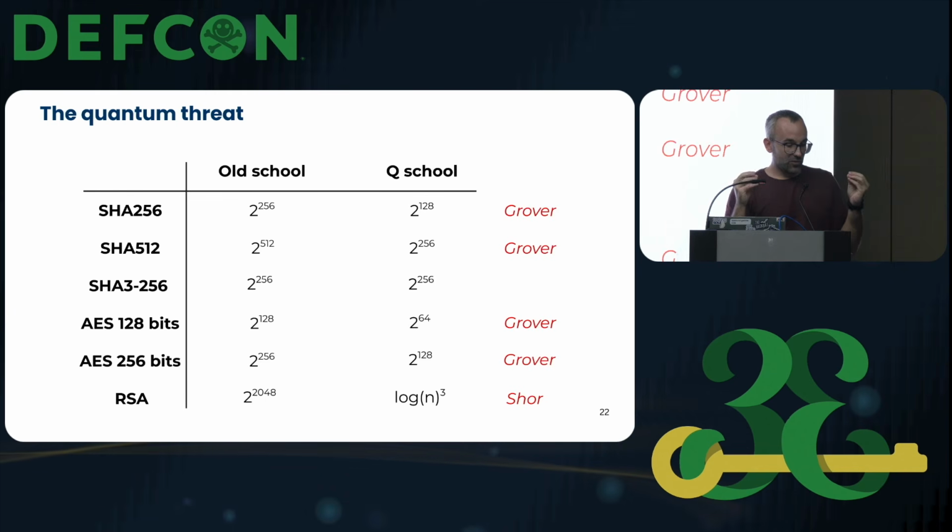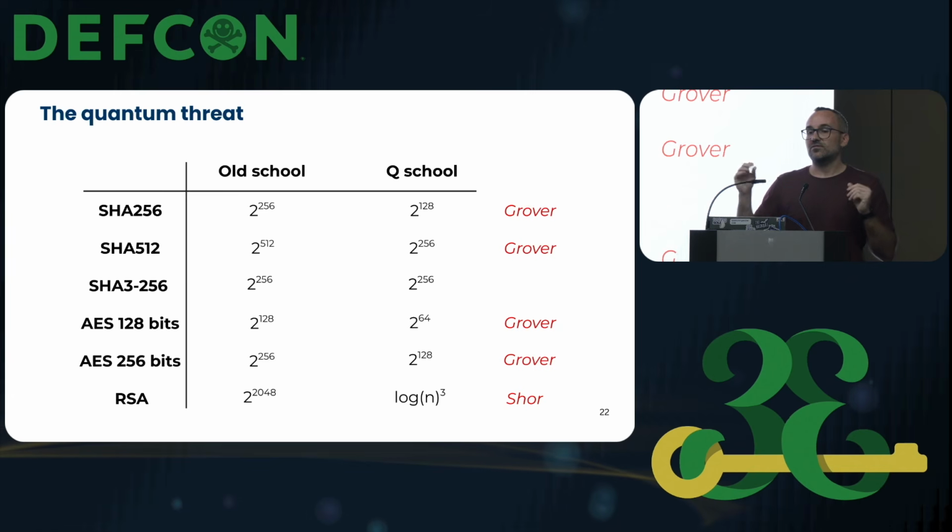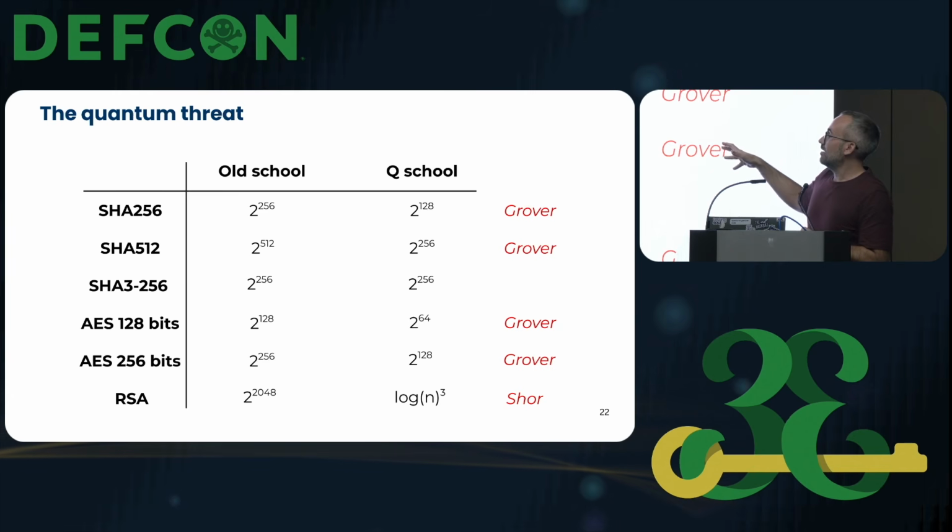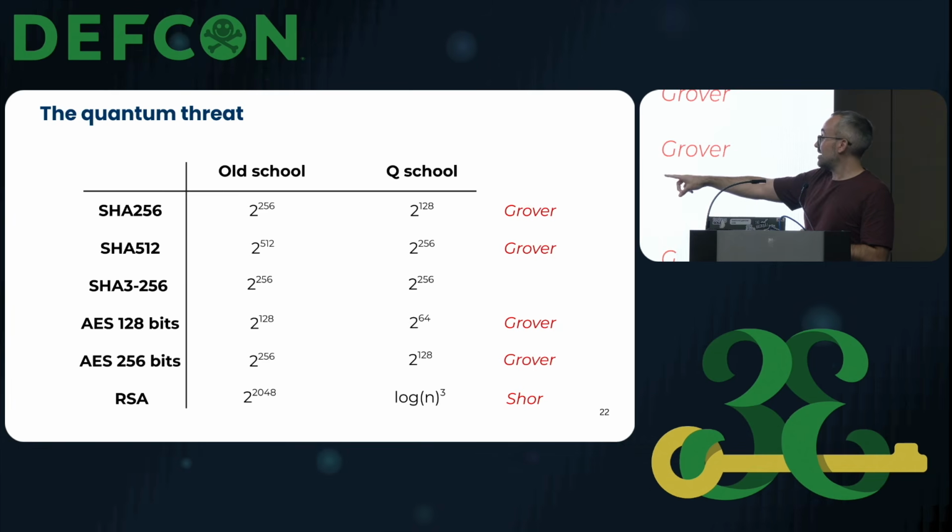The use of these two algorithms is related in this table. We can see how algorithms of 256 bits are reduced to 128, and the same for the keys, and RSA is another case.